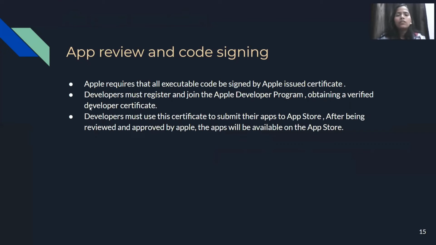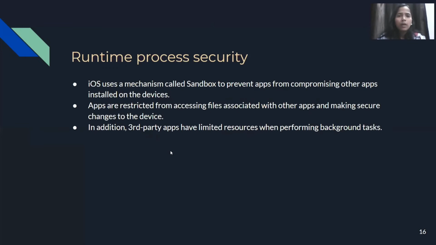Apple requires that all executable code be signed by an Apple-issued certificate. Developers must register and join the Apple Developer Program, obtaining a verified developer certificate. Developers must use this certificate to submit their apps to the App Store. After being reviewed and approved by Apple, the apps will be available on the App Store for use.